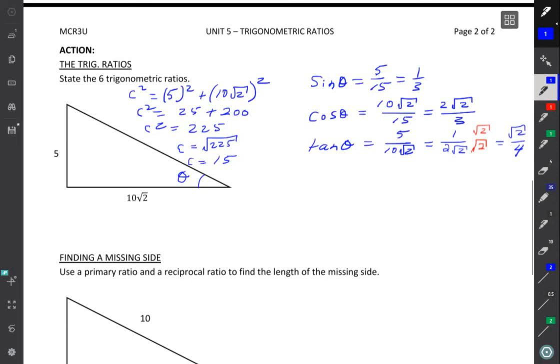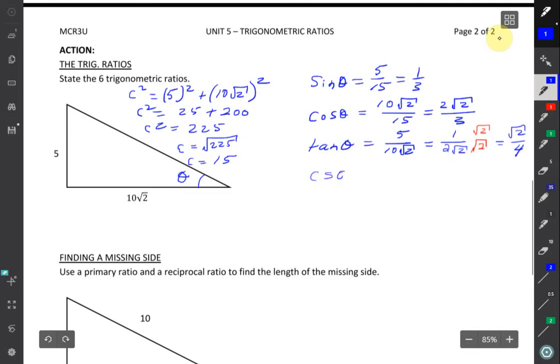Now, when we do the reciprocal functions, we could get them from the triangle and simply reverse what we did in this first step. But also keep in mind that if they're the reciprocals of these 3, then we can take our answers here and simply flip them. Basically going to do the reciprocal of this fraction. I'm going to do the first one from the triangle just to help you to think about it that way. Remember that sine goes with cosec.